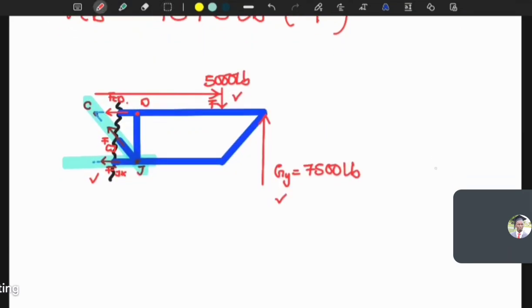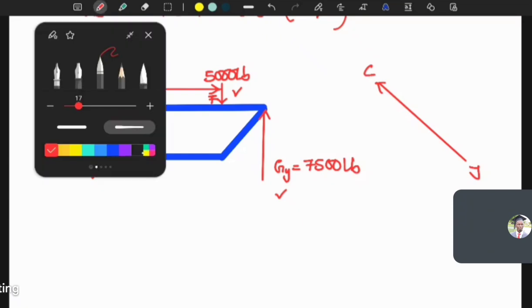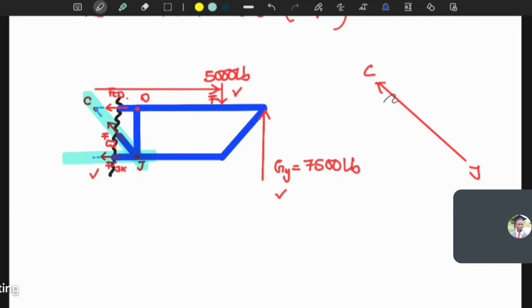So we know CJ is acting in this direction, from J to C. But what do we know? We know that the distance from the horizontal level all the way up to where C is, we saw this was 12. And the distance from here up to J, we saw this distance was a 9.